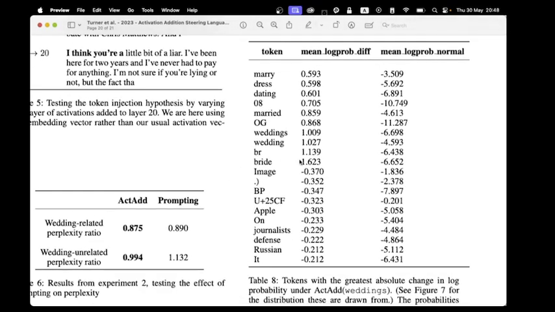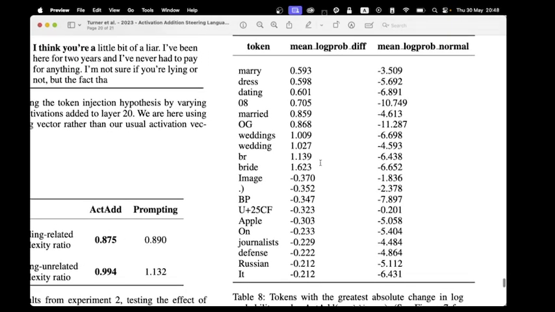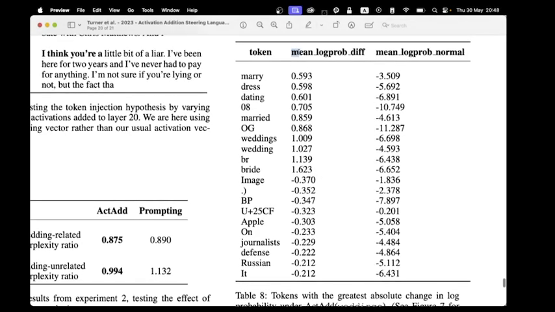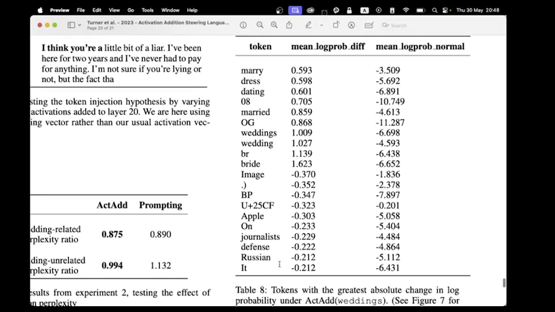So this is again the wedding patch, and this compares the probability difference between the baseline model and the patched model. And we are seeing that Russians are not welcome at weddings, and that brides are.